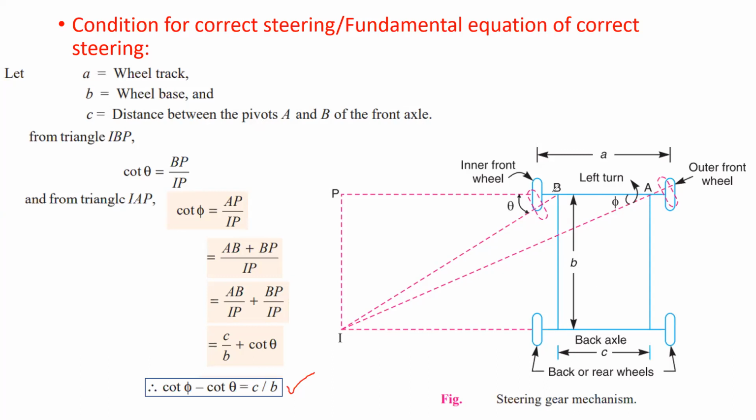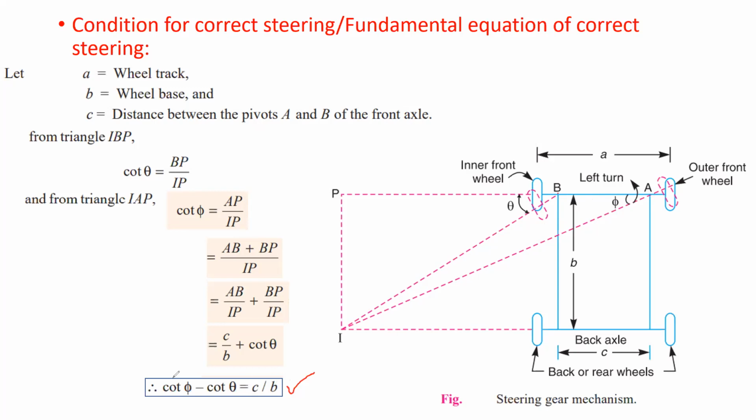For example, this front axle is pivoted here. Pivot means the point where something can turn. Similarly, A is the pivot point about which the axle on which this right front wheel is mounted turns. So the distance between these two pivots A and B is nothing but C.